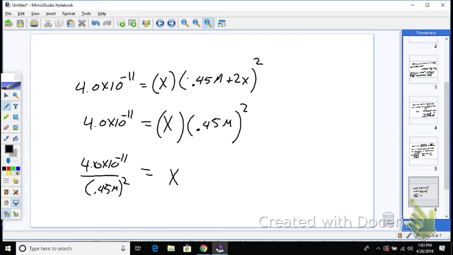What did you guys get? 1.98 times 10 to the negative 10. Negative 10? Okay. And it would be what now again? 1.98. That's the molarity concentration of CaF2.